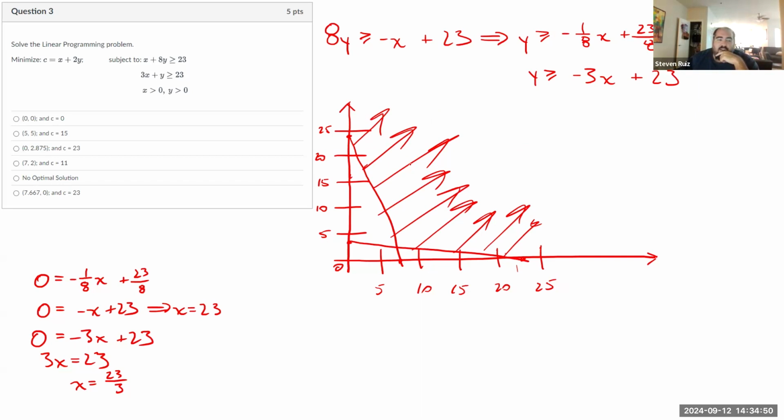Now I need to figure out what the best case scenario in this feasible region is. So what are the corners of this feasible region? It looks like I might have 3 corners, one here, and one down here.